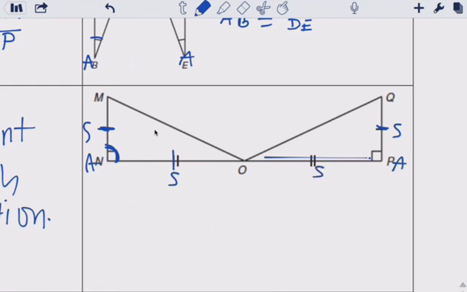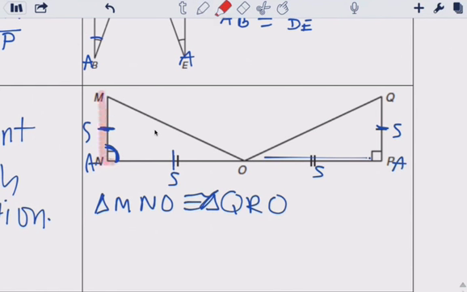So we know that triangle MNO is congruent to QRO. You need to keep it in the same order. You went from here, here, there, so you need to go this way. The corresponding angles need to correspond in your letters.